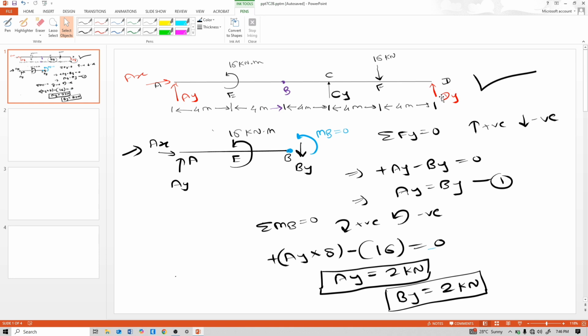So for CY calculation, consider this B to D beam also.